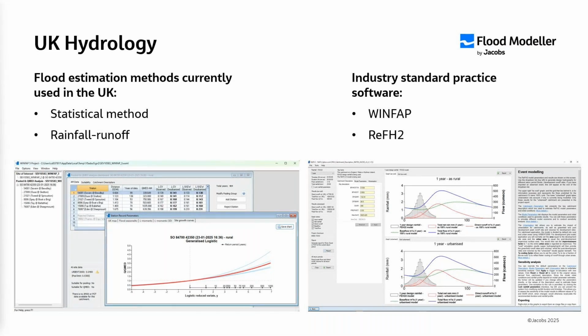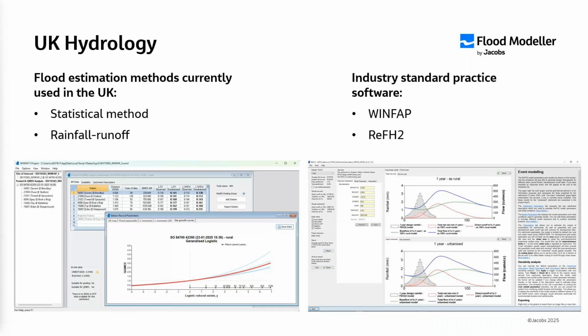In the UK, the standard practice for deriving flood hydrology involves using the ReFH methodology and its updates with the WINFAP and ReFH2 hydrology software packages, which have been developed by Wallingford Hydro Solutions.